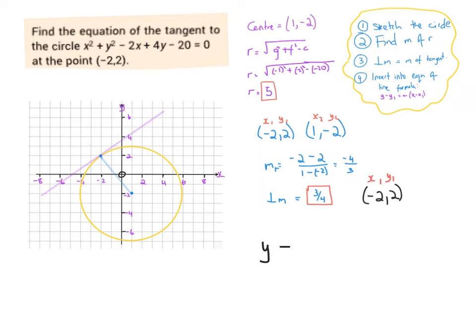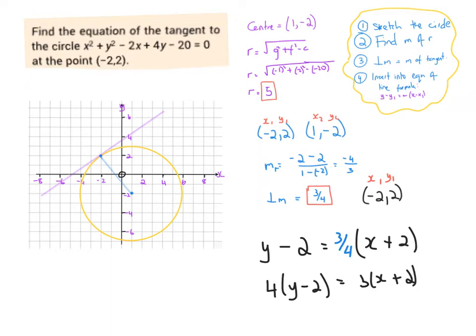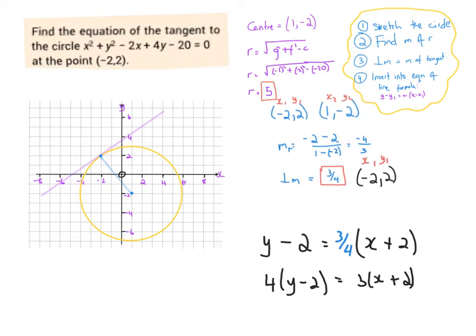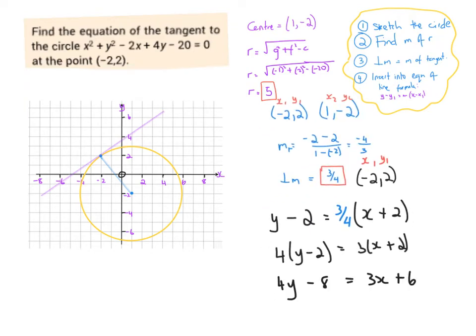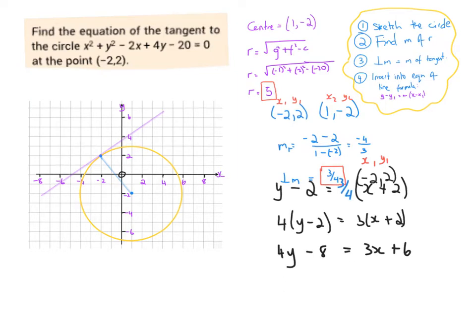So here we're going to have y minus 2 is equal to m, which is 3/4 bracket x minus minus 2, which is x plus 2. So here we've got 4 times y minus 2 is equal to 3 times x plus 2. And just finishing off, tidying it up and bringing everything over to one side, that's going to give us 3x minus 4y plus 6 plus 8, that's plus 14, is equal to 0. Okay, and that's our equation of the line.